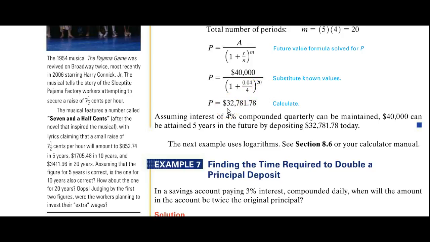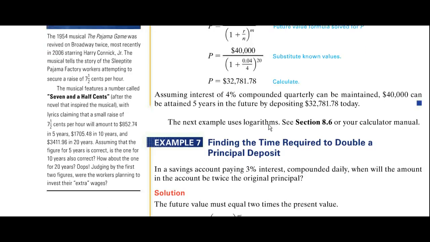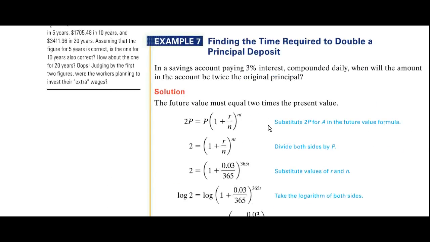So if you invested $32,781.78 now, in 5 years it would be 40,000. So again, we're dealing with time value of money, which is kind of an interesting thing, a real life thing in a sense. All right, let's go on to example 7.